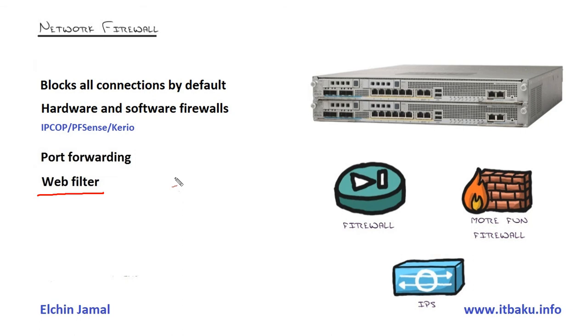For some departments the speed will be 10 megabits per second, for some departments 5 megabits, etc. Or we can block audio streaming, or video streaming. So we can do a lot of things with web filtering.